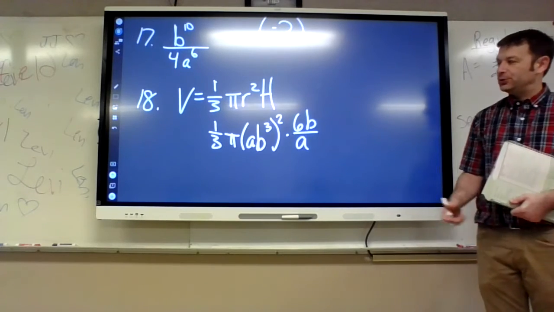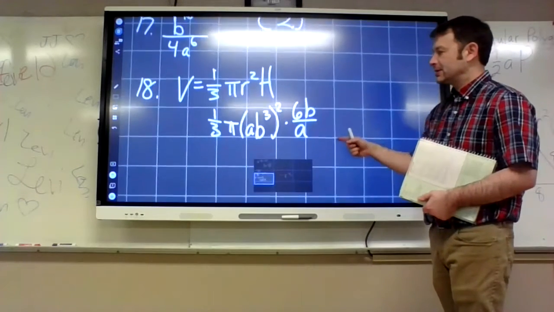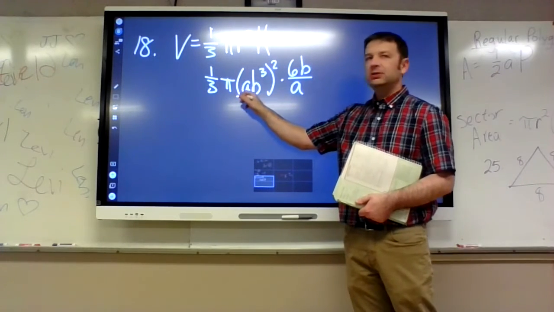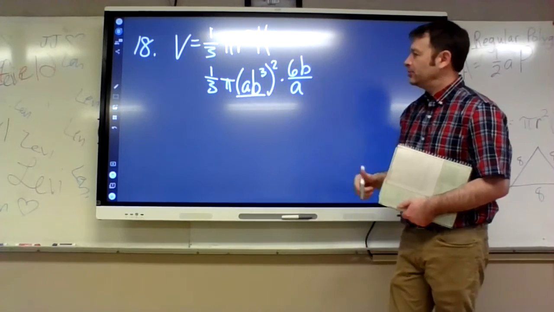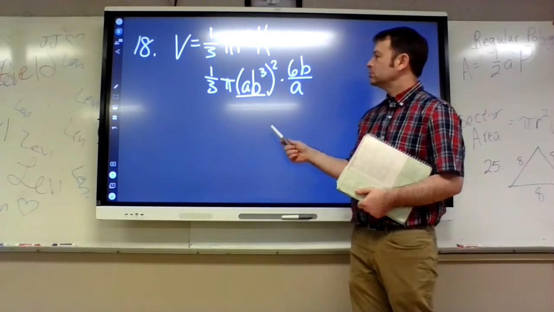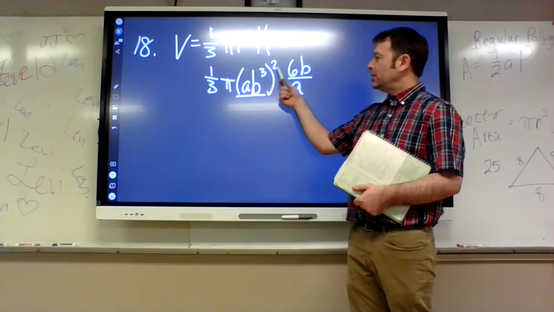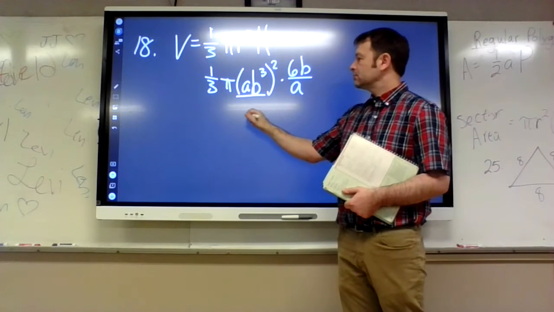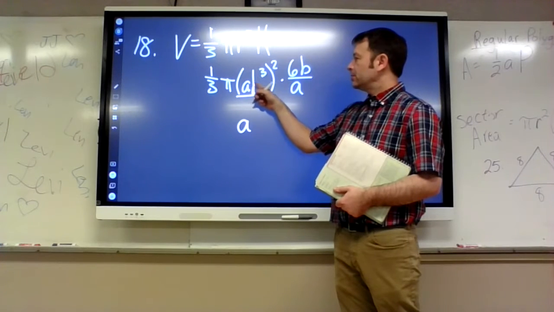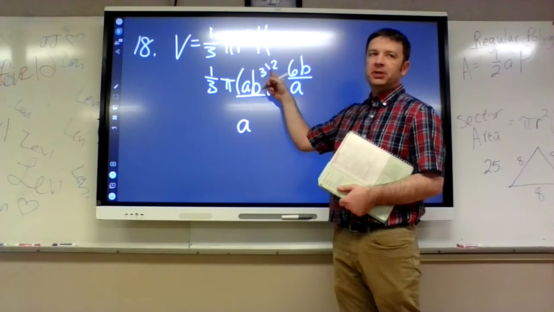But we are going to simplify this. Let's start with the parentheses. Anna, what would the parentheses become? A to the what? Only b is cubed, not a.